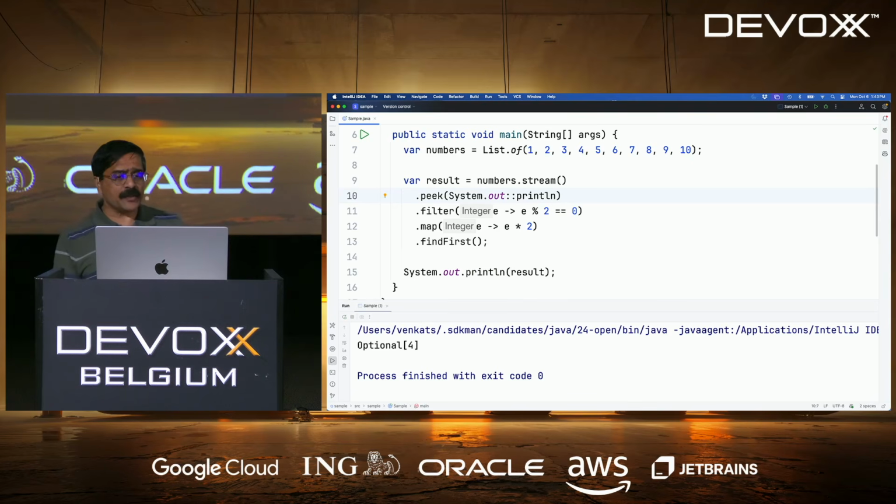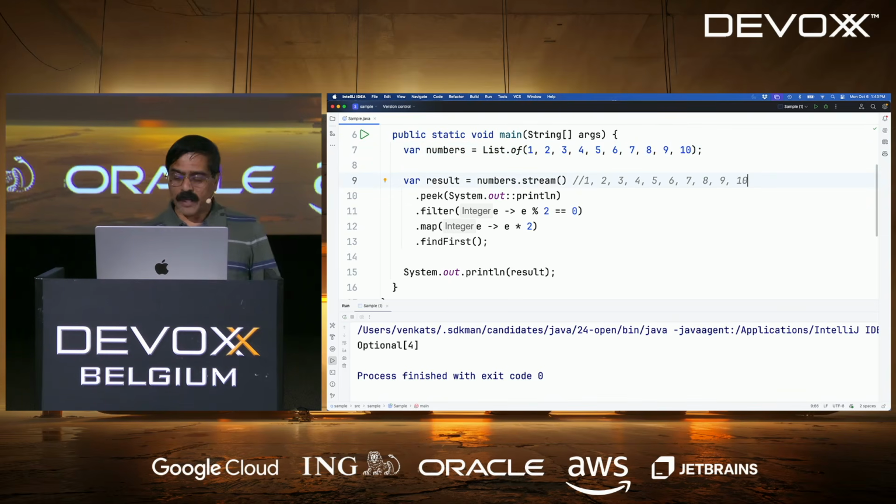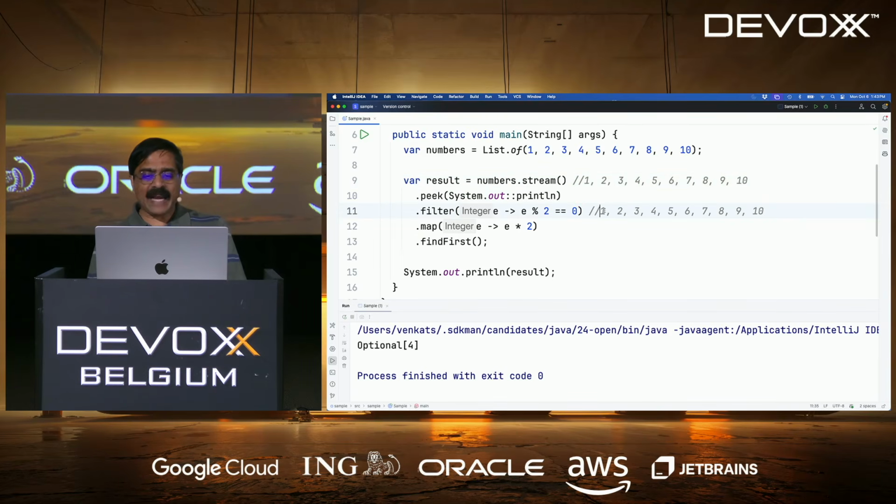But what is really interesting about this peek is, if this was done naively, what would have happened is you take all the 10 values in the collection and you transform the 10 values. If you were to take this original collection, this is flowing through the values 1 through 10. As a result, when you filter it, you're going to be sending out the value 2, the value 4, the 6, the 8, and the 10 as well.